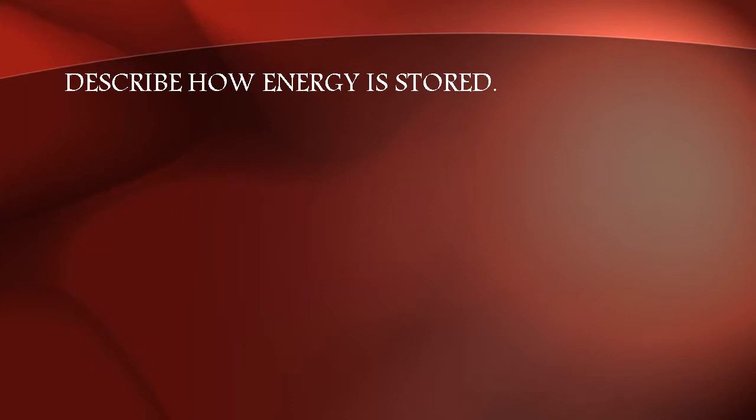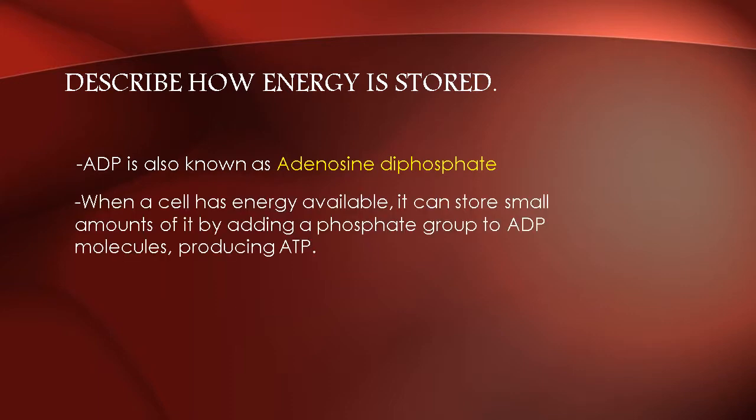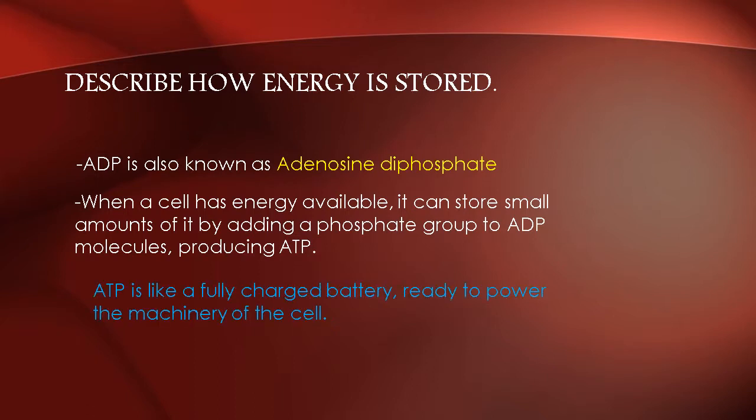How is the energy stored? ADP is known as adenosine diphosphate. When a cell has energy available, it can store small amounts of it by adding a phosphate group to ADP molecules, producing ATP. So ATP is like a fully charged battery.